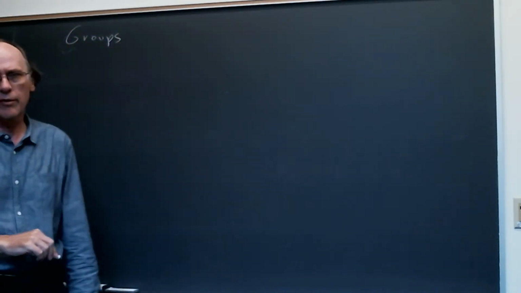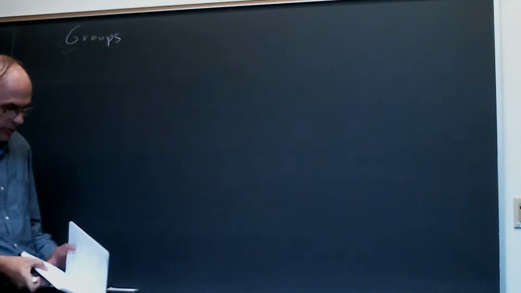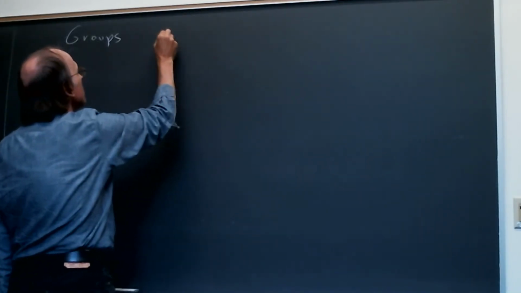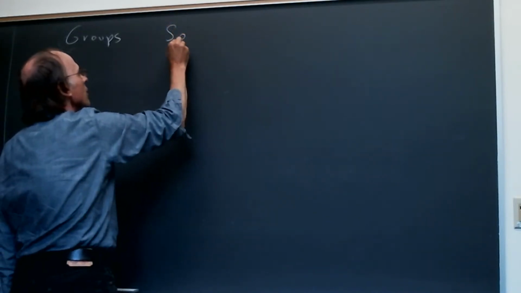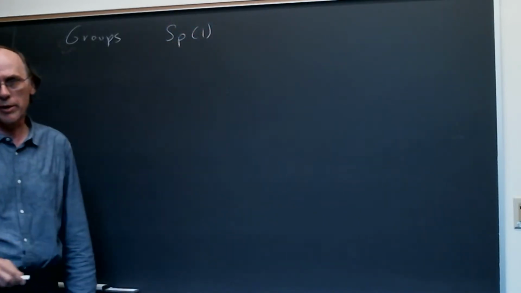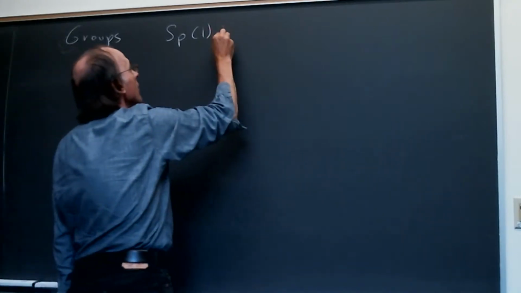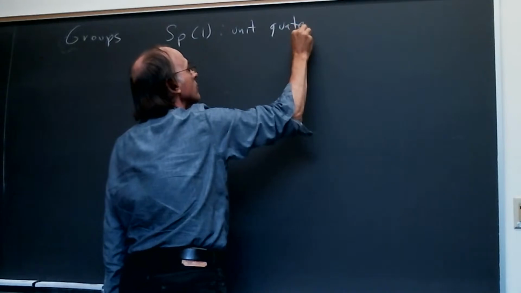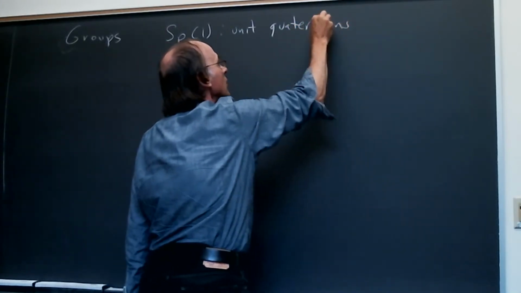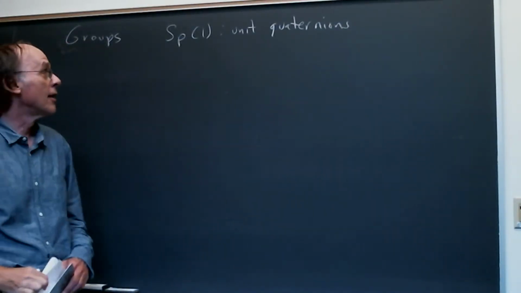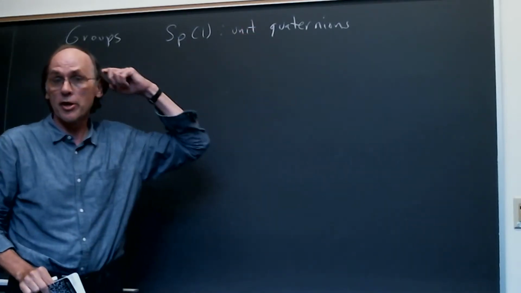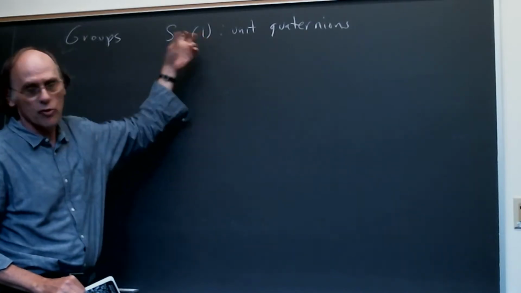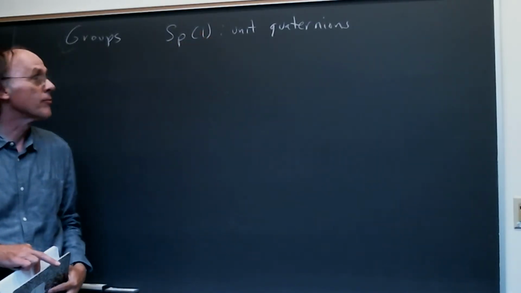I defined two groups, one I called SP1, and this was the unit quaternions. You just take quaternions of unit length, and if you take the inverse of a quaternion of unit length, it's also a quaternion of unit length. The multiplication of the group was just the multiplication of quaternions.